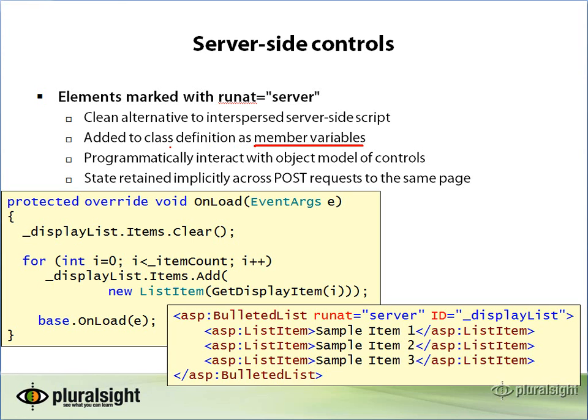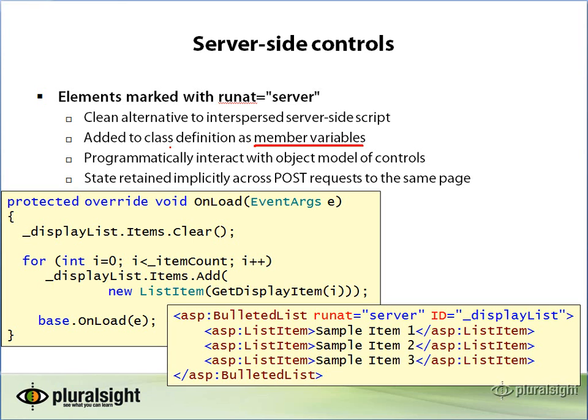So that class that we saw that was automatically generated from the ASPX file is going to be augmented with a new member variable of a specific type that you can then programmatically access on the server instead of having to intersperse script notation to generate dynamic content. You can actually programmatically manipulate the objects that are added to your class definition.